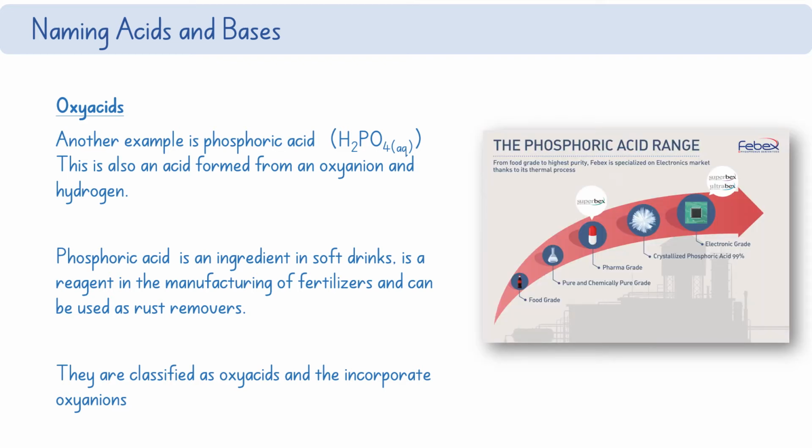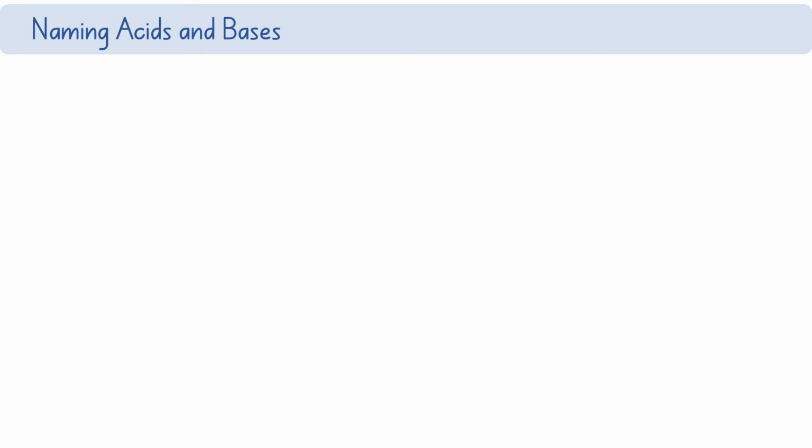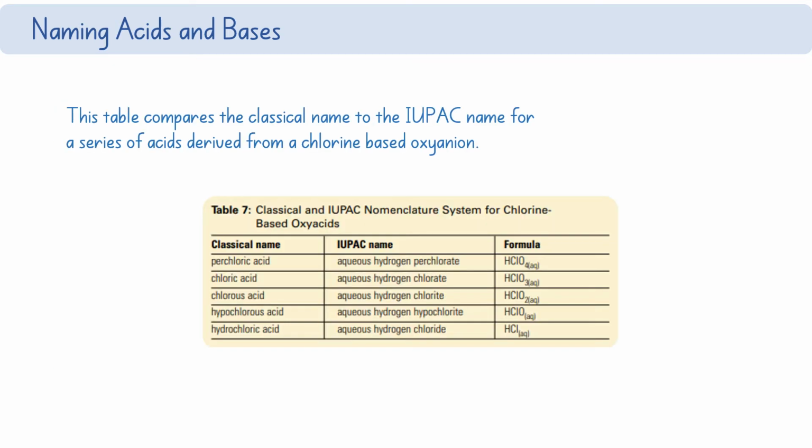Here is one example of the range of phosphoric acid. This table compares the classical name to the IUPAC name for a series of acids derived from a chlorine-based oxyanion. Add this to your quick reference guide.